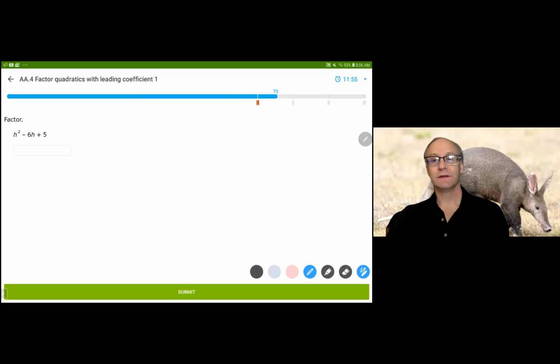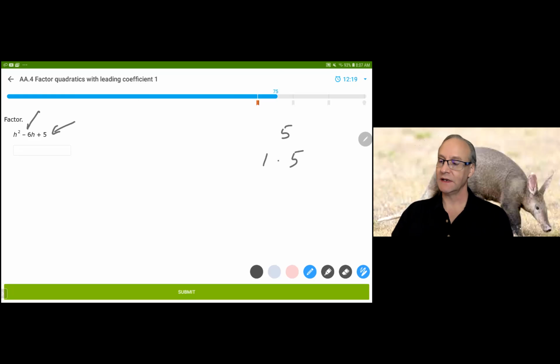Okay, this is a very common error. A lot of people get these backwards because if the negative 6 was at the end and the positive 5 was in the middle, it would be a very different kind of question. There's a positive at the end, though, which means that we either multiplied 1 times 5, or in this particular case, we need a negative in the middle.